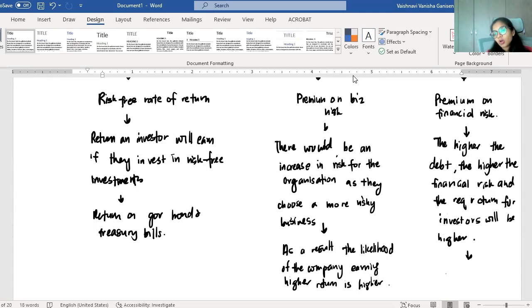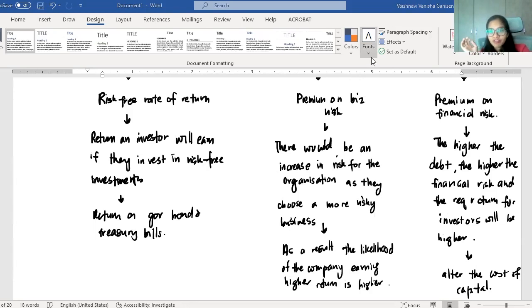This will then alter the cost of capital. When I say alter, actually it will become higher, okay? Because when there is higher debt in your company's capital structure, the financial risk will increase, and this will require a higher cost of capital.